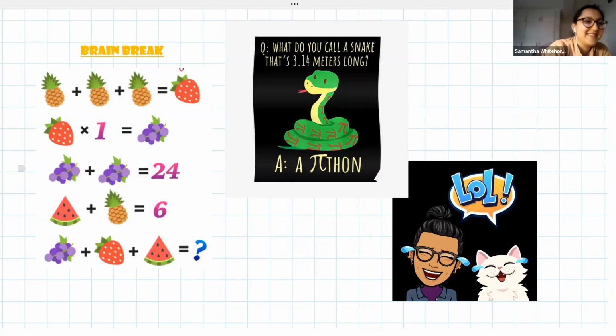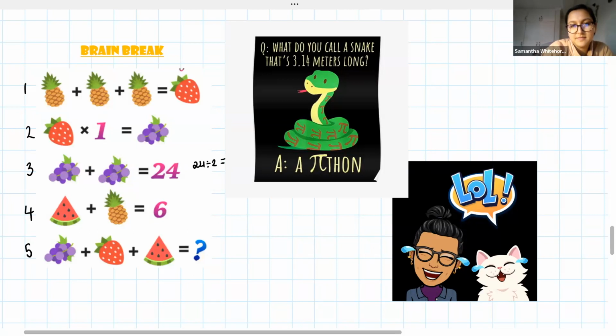Okay, so I'm just going to number them for you just to make it a bit easier, so you can tell me which equation you're going to start with. Okay, so you're going to start with number 3 because we already have our answer, which is 24, so we can work with 24. Perfect. You're going to take 24 and divide it by 2 to get the grapes.